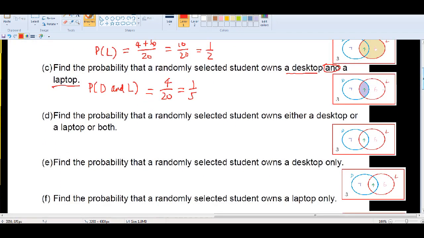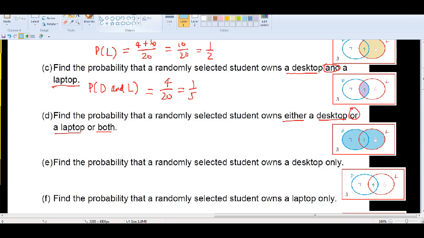Okay, next one. Find the probability that a randomly selected student owns either a desktop or a laptop or both. That means you include all the things. If you include all the things, it looks like this to me.